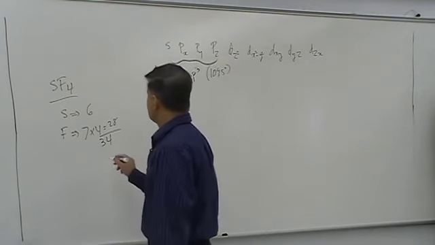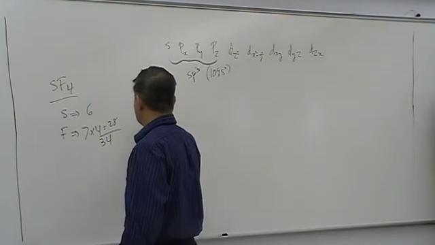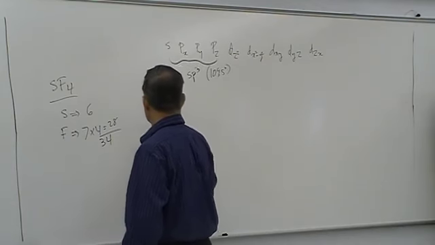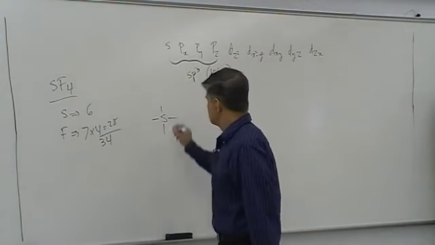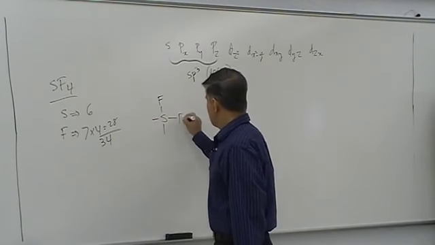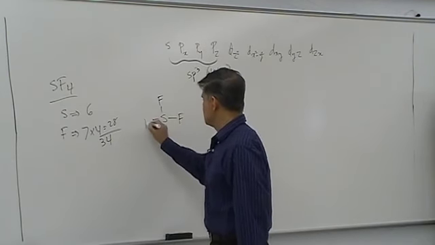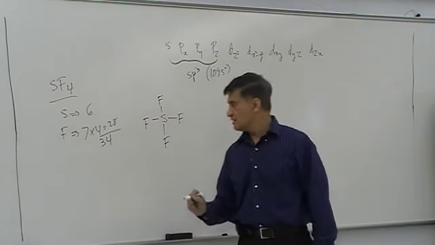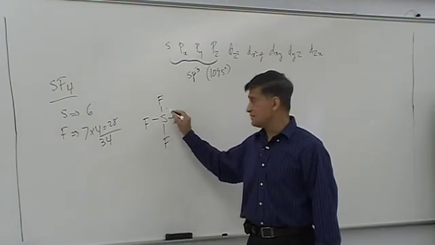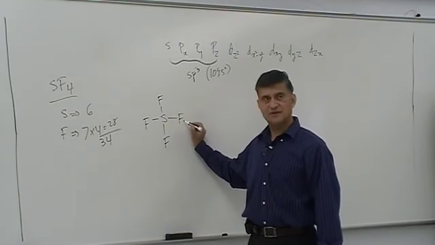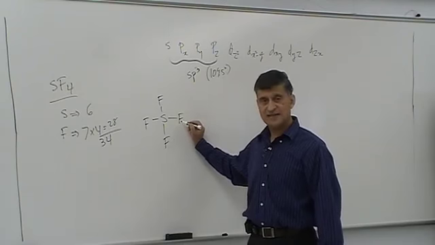Now, you write down S and 4 fluorine. If you follow the rule that I posted in Angel, first draw these bonds and connect them to the central atom by single bonds, and then give noble gas configuration to the outer atoms. In the case of fluorine, noble gas means 8 electrons.